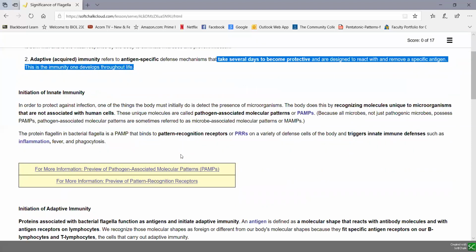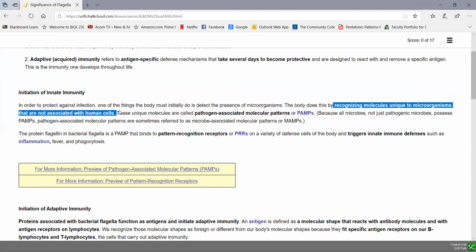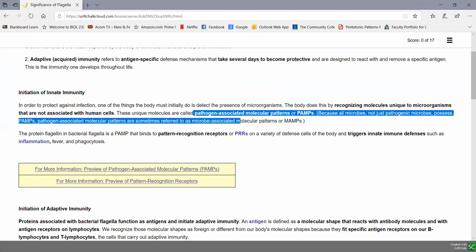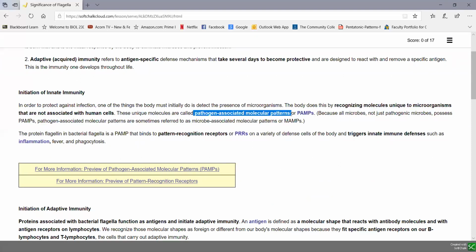So to initiate innate immunity, again, we look for molecules that microbes have that human cells don't have, but molecules that many microbes share, so we can recognize whole groups of bacteria with innate immunity. And remember, what we look for are pathogen-associated molecular patterns, or PAMPs, molecular shapes on the microorganism or pathogen in this case.